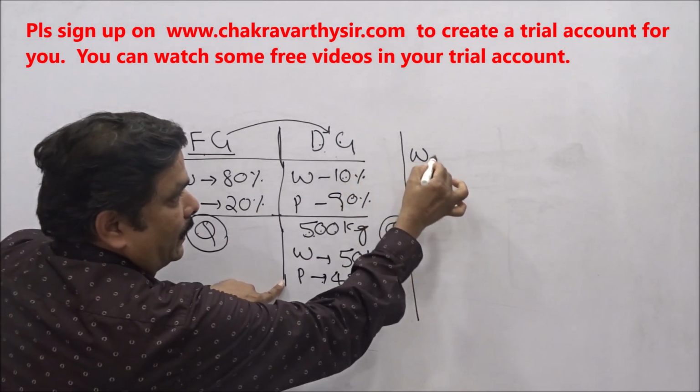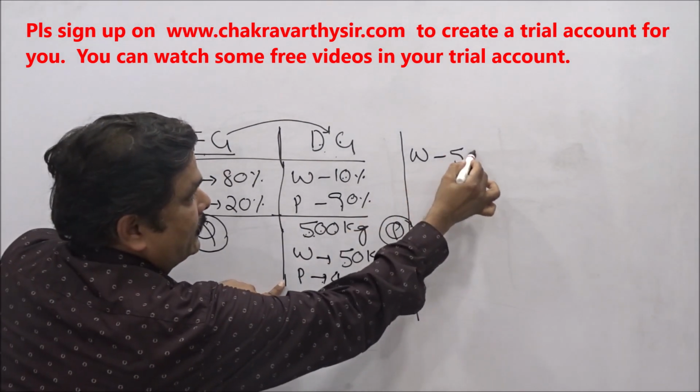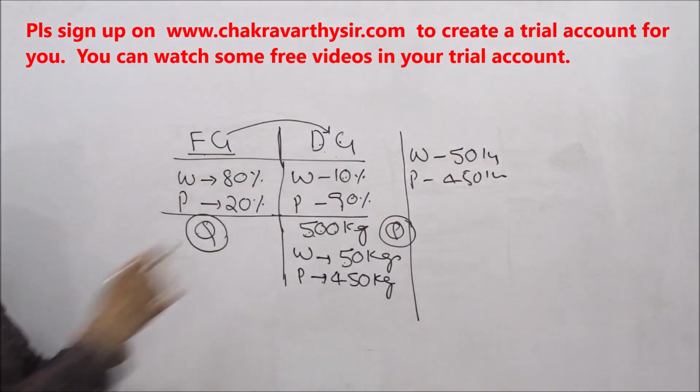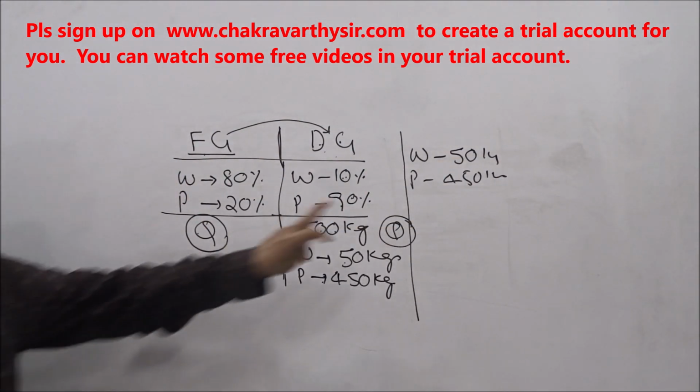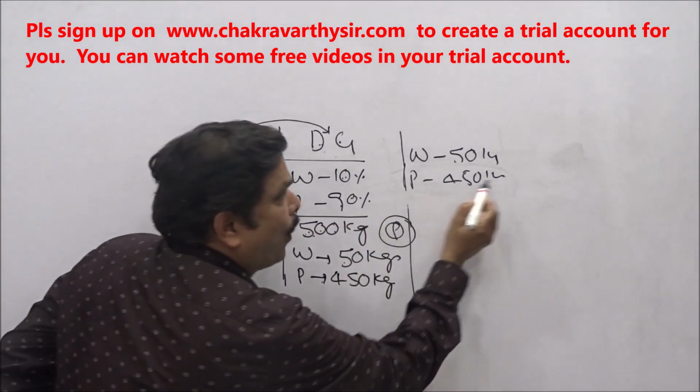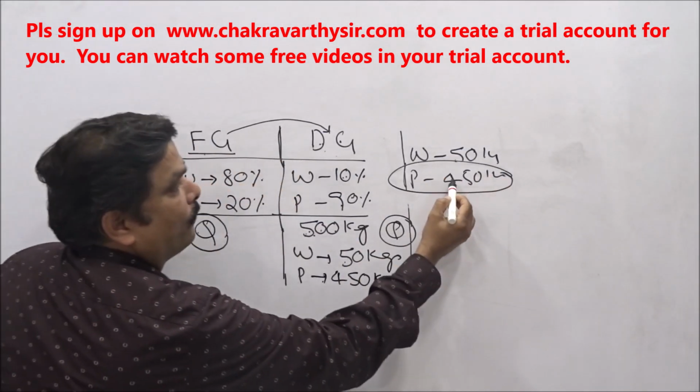Now here you see, in dry grapes, I am writing here: water quantity 50 kgs, pulp quantity 450 kgs after getting dried. That means even when this fruit was fresh, the pulp quantity was this much only, 450 kgs.